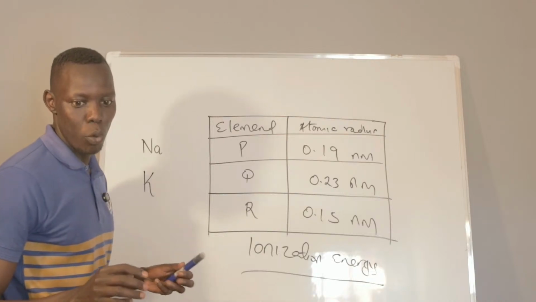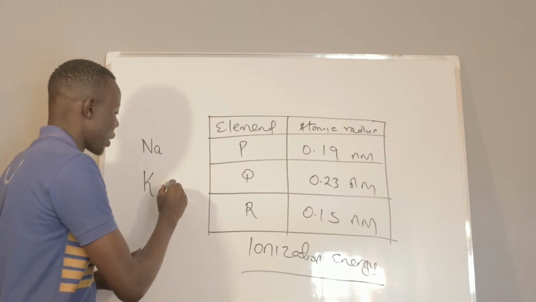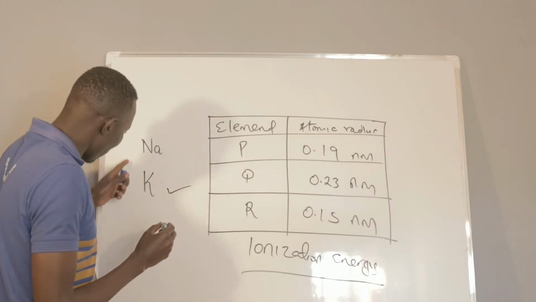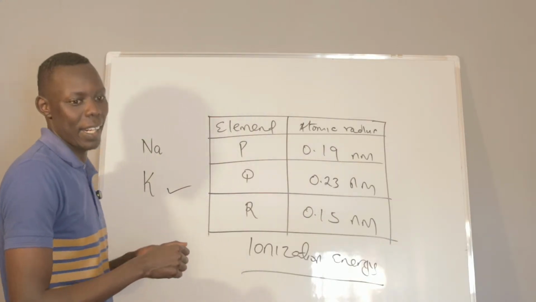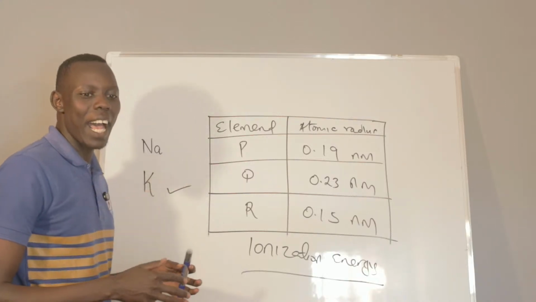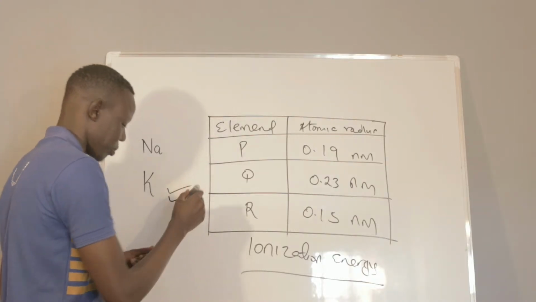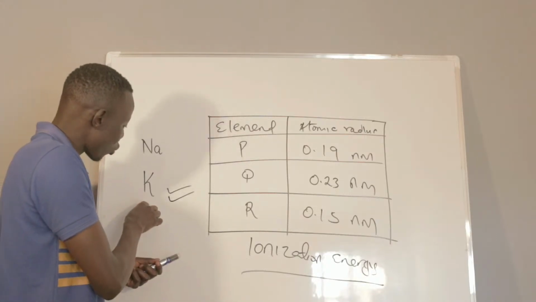We said when you enter class you stay until the end. It is potassium. Listen again here. Between potassium and sodium, which one has a larger atomic radius? It is potassium. Are you together? So potassium has a larger atomic radius.